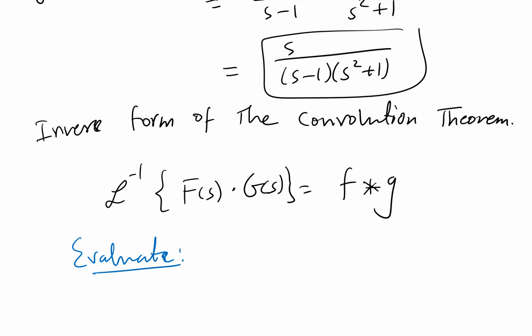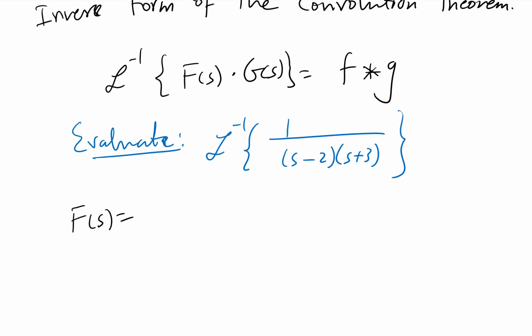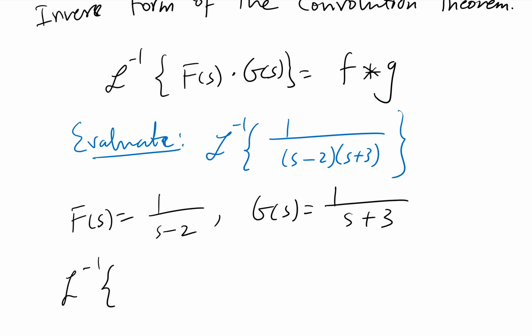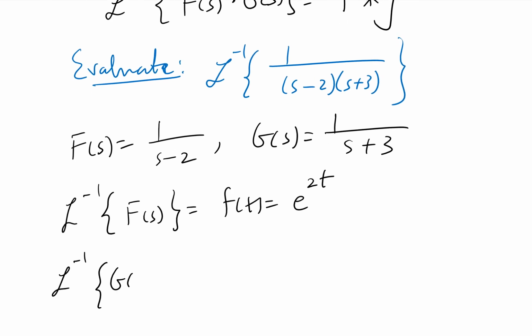Evaluate the inverse Laplace of 1 over (s minus 2)(s plus 3). So here we have 2 functions. Capital F of s, I'm going to call it 1 over s minus 2, and capital G of s, 1 over s plus 3. So if we find the inverse Laplace of F of s, which is f of t, in this case e to the positive 2t, and the inverse Laplace of G of s is g of t, which is e to the negative 3t.